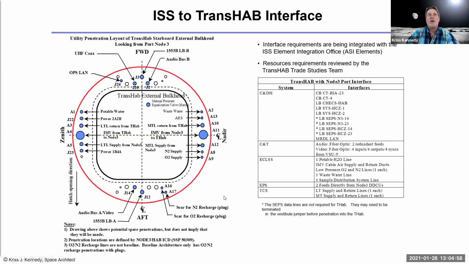This is very important because, when you connect to like Node 3, you need to make sure that the jumpers between the different elements, the different vehicles have the right setup and know the right flow from the interfaces. And then you can actually create a table that supports that, going by the discipline or subsystem and the type and the interface location.